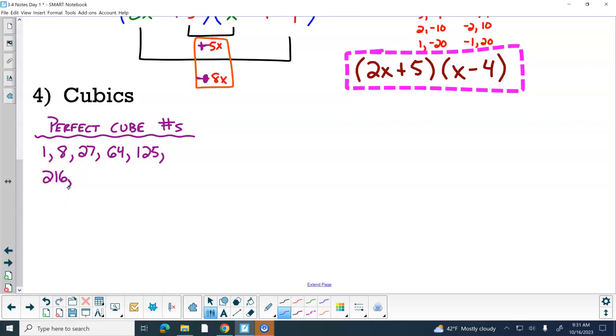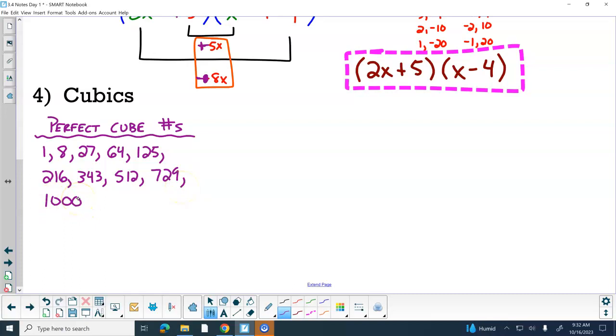Next one. 343. 512. 9 is 729. 10 is 1,000.